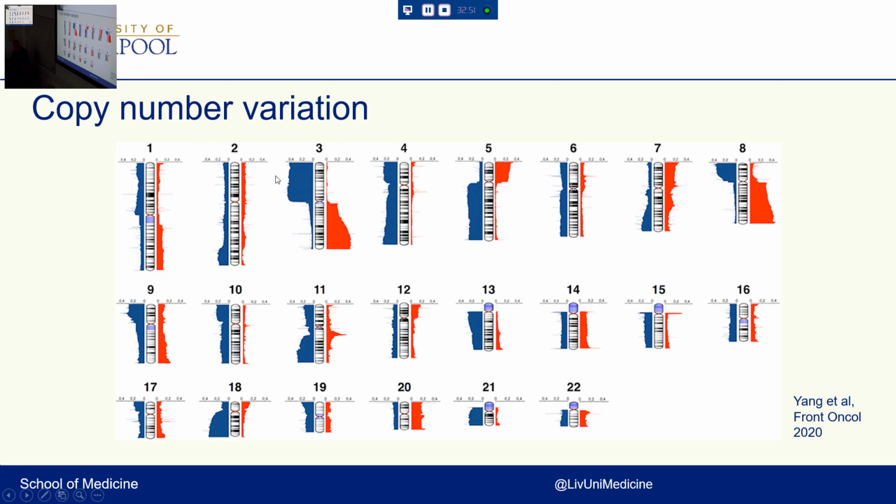It tends to be fairly reciprocal. You may get gain in one arm of a chromosome and loss in another. You get particular spikes in some areas, for example, chromosome 17, which is where p53 is, where you get particular spikes of loss, and areas such as 8q and 18p.